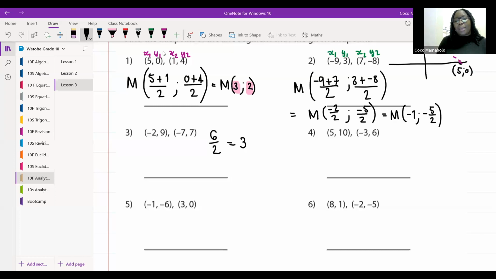But if it ends up as something like 5 over 3, then if you click that SD button, it's going to give you a lot of decimals afterwards. So if it gives you a whole number, go ahead and write it as a whole number. But if it gives you a fraction, don't give me the decimals. Leave it as a fraction.